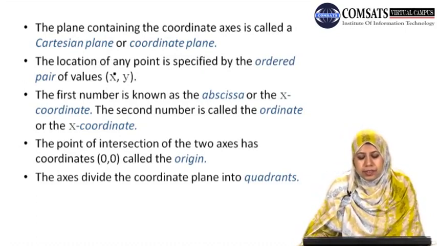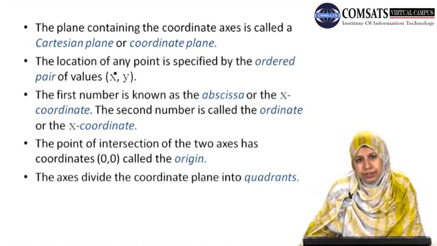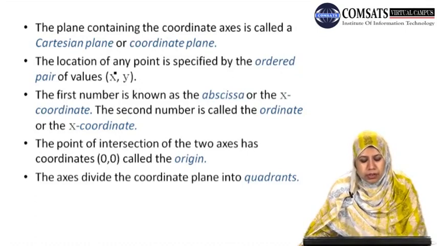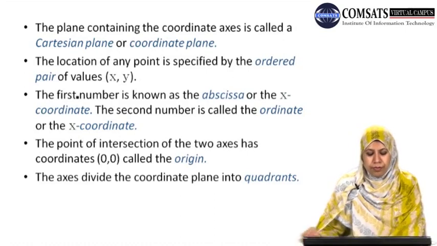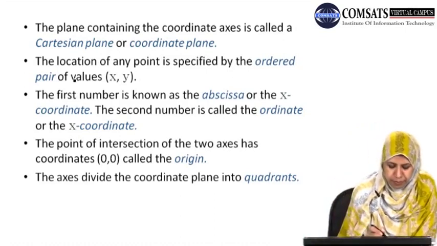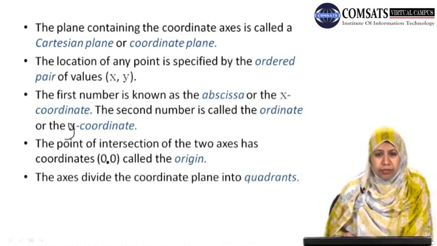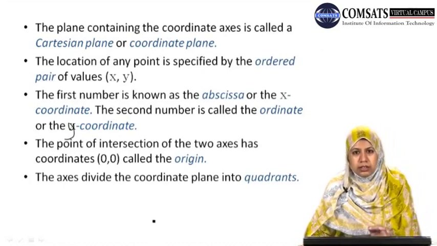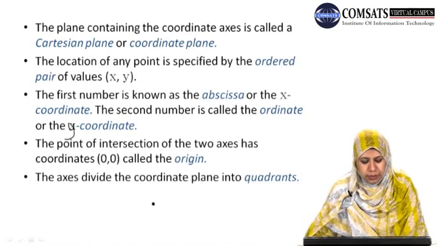Now the first number x is known as the abscissa or the x-coordinate, that is the value on the x-axis, and the second number is called the ordinate or the y-coordinate, that is the value on the y-axis.